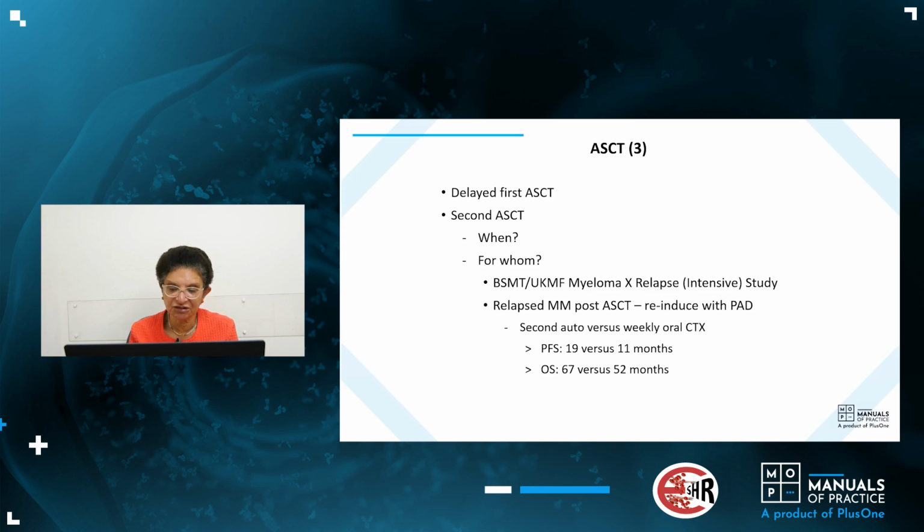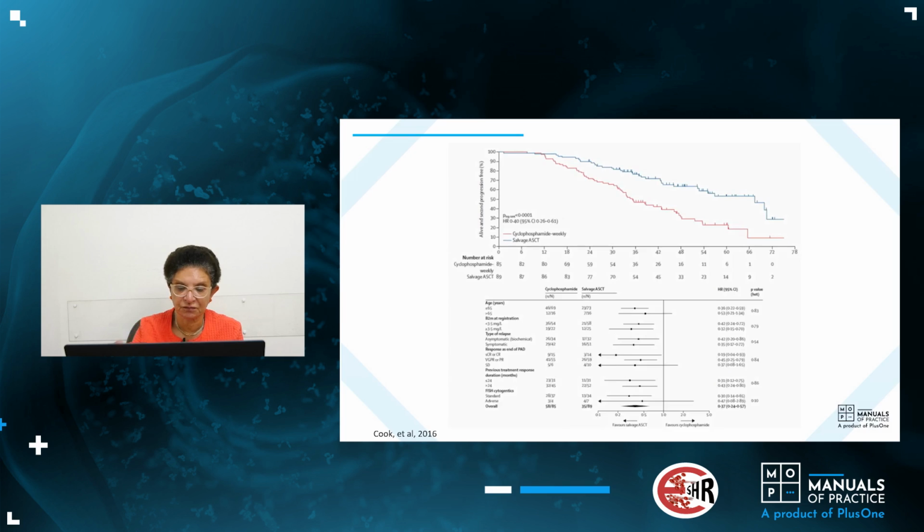This is not a very recent study. They found that in comparison to oral weekly chemotherapy, progression-free survival was better with the second transplant, 19 versus 11 months, and overall survival was better, 67 versus 52 months.